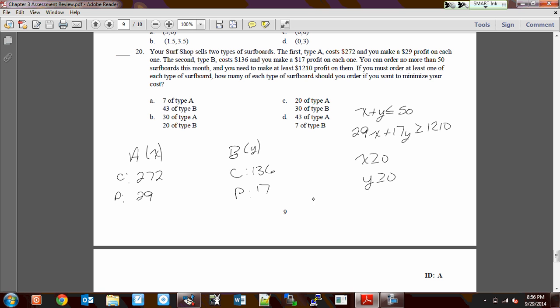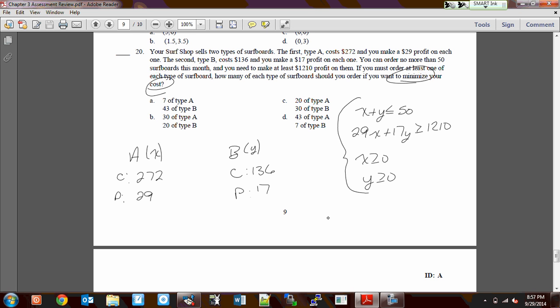But if you notice, we're missing our objective equation. We have our constraints, but we have no objective equation. So it says you must order at least one of each type of surfboard. So we know we're going to have both types of surfboards. How many of each type should you order if you want to minimize your cost? So this is where we're going to use the cost equation here.